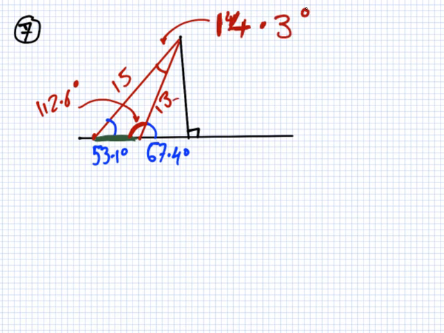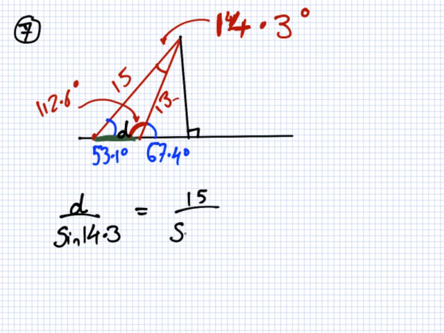Right, so what rule should I use here if I want this distance on the ground? I'll call it D. I think the sine rule, yeah. I can say D over sine 14.3 equals 15 over sine 112.6.